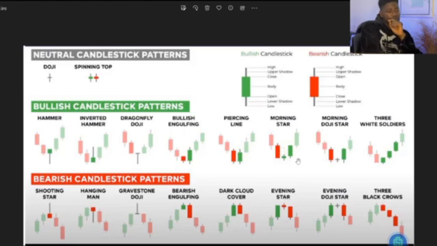Another candle is the morning star. This morning star candlestick pattern. Okay, let me explain this first. This dragonfly doji. Sometimes people call it morning star, but it's not actually a morning star, because there is a difference. If you look at the dragonfly doji, we see that the market was coming down. Sellers were in charge of the market.